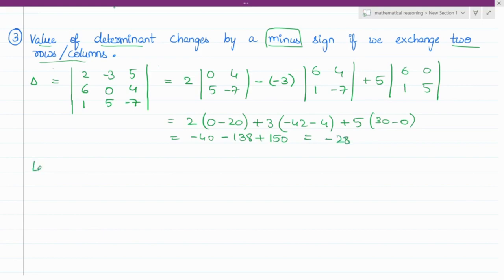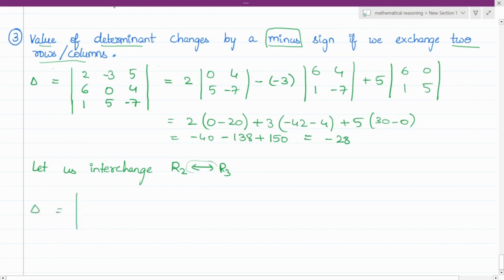Now let us interchange row 2 with row 3. This symbol is nothing but the interchange symbol. If we do that, it becomes delta dash: 2, -3, 5. Interchanging rows, the row 3 elements come to row 2, that is 1, 5, -7, and the row 2 elements come to row 3, that is 6, 0 and 4. Now let us calculate its determinant.